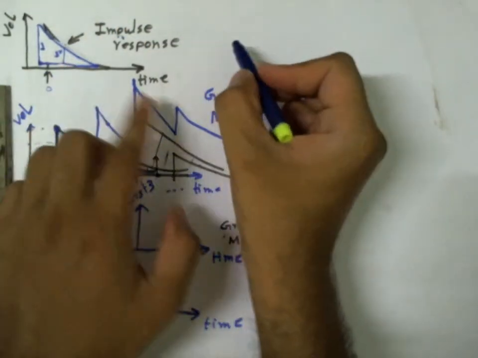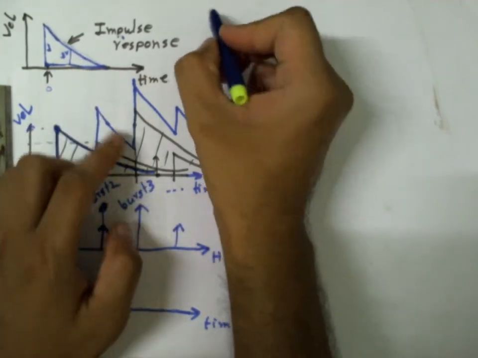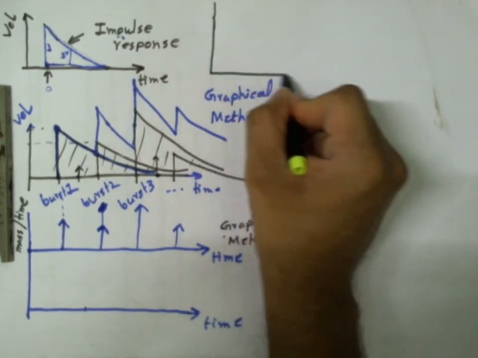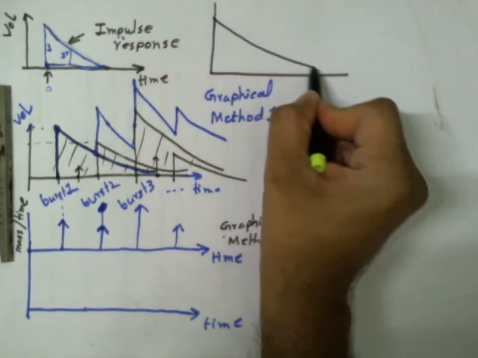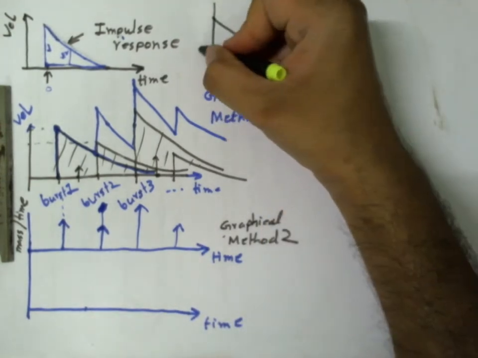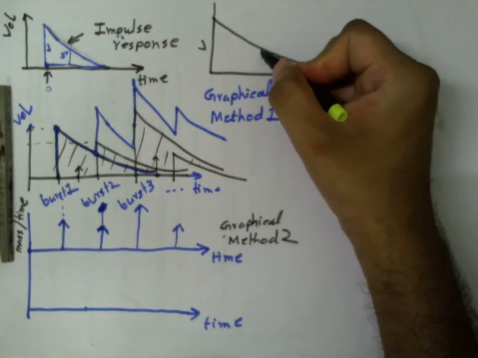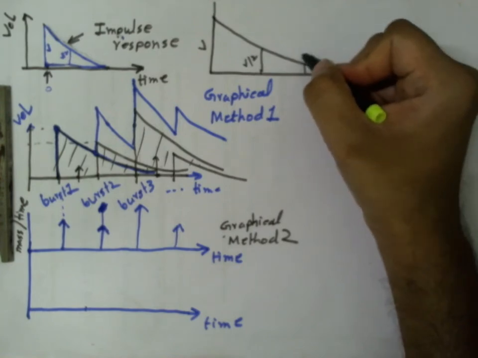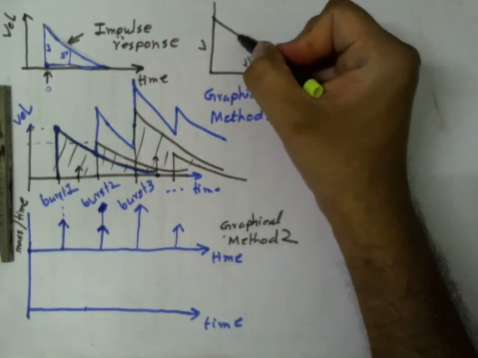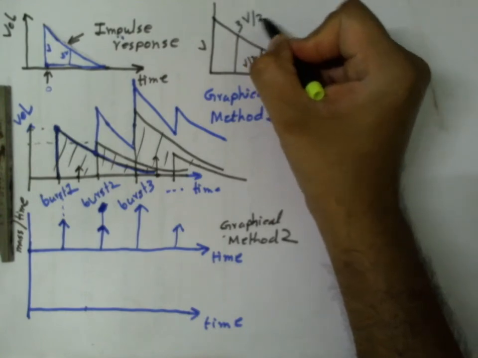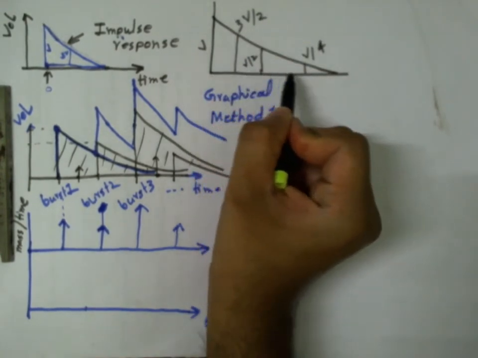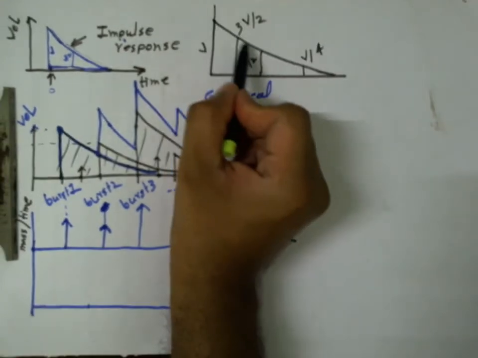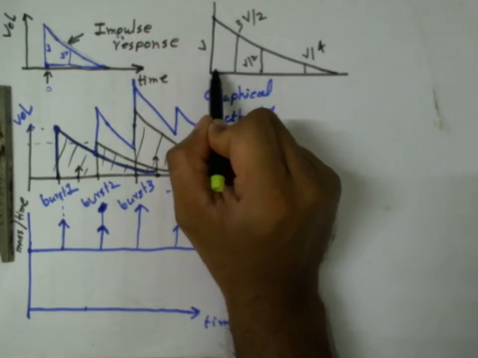Let me draw it bigger like this. Okay, so here it's v, then at some point of time I have maybe v by 2, here I may have v by 4, here I may have something like 3v by 2, and so on. So at any point of time I have some velocity which I know because I know this curve. So this curve tells me the velocity at any point of time.